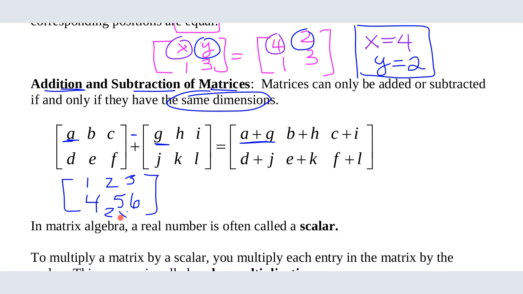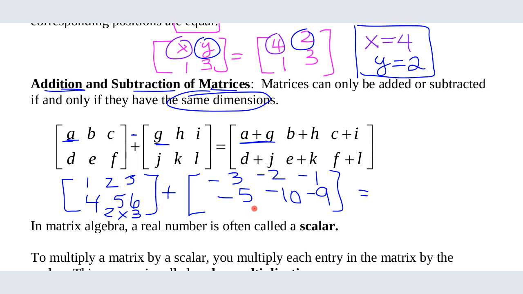So this is a 2 by 3. I'm going to put a plus here: -3, -2, -1, -5, -10, -9. And you're going to add them together. So this is also 2 by 3.